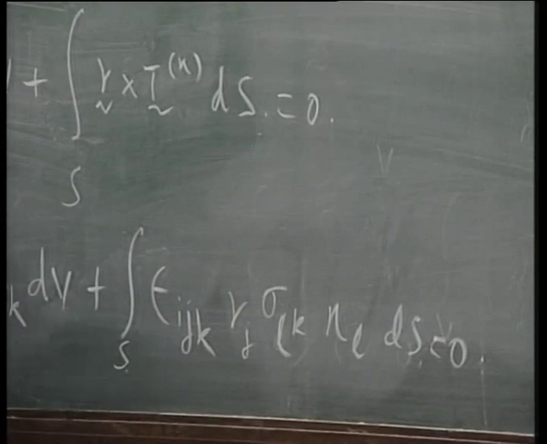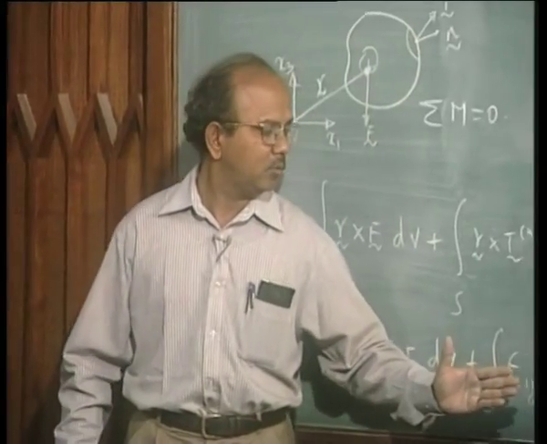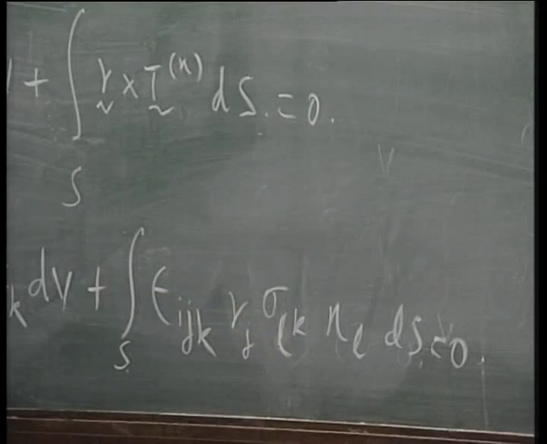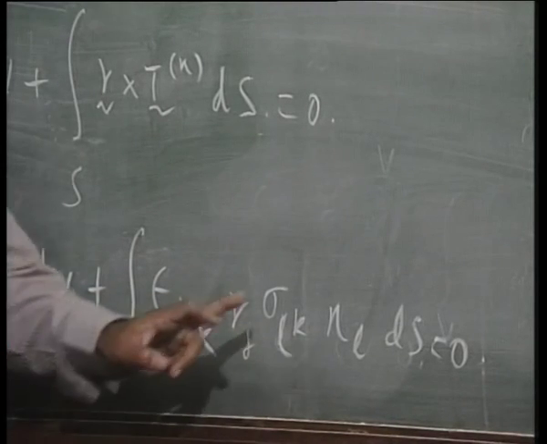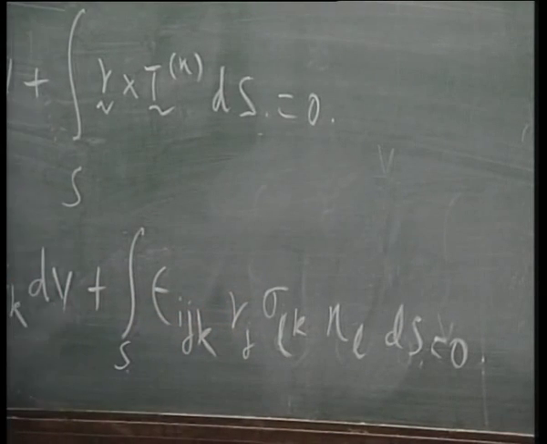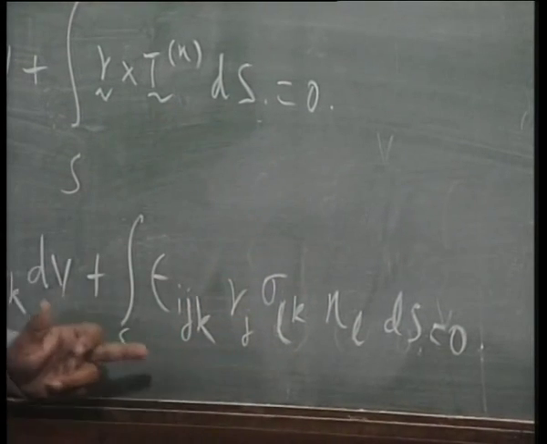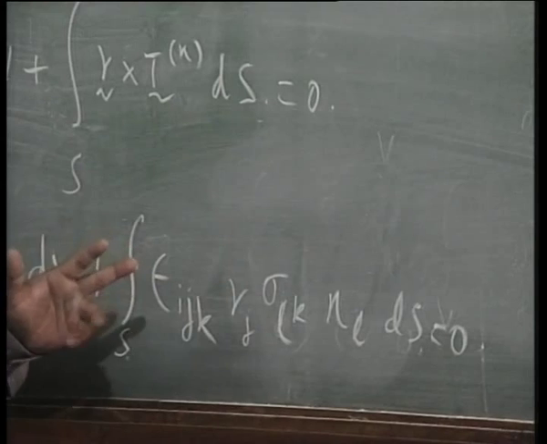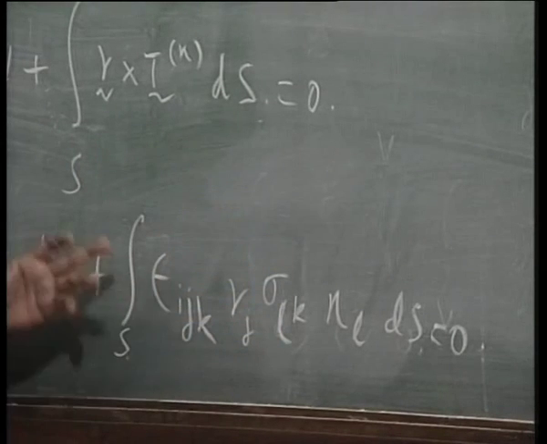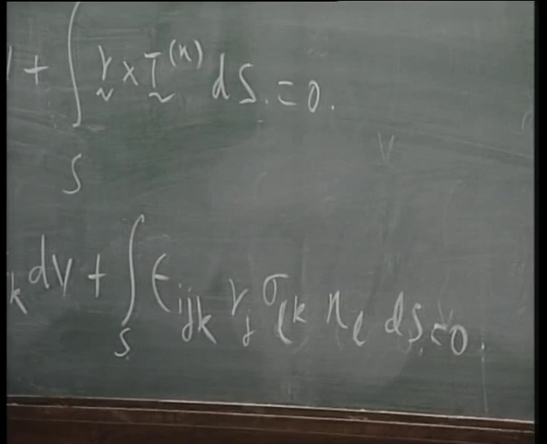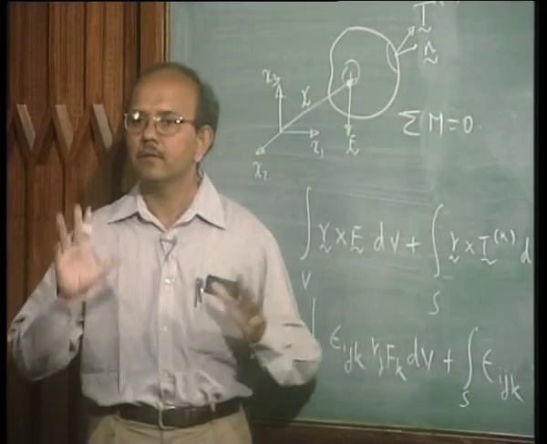What are the indices that get repeated there? k gets repeated, j gets repeated, l gets repeated, and ultimately you have i. Which means it's a vector. That is the result of a cross product. Is it clear?